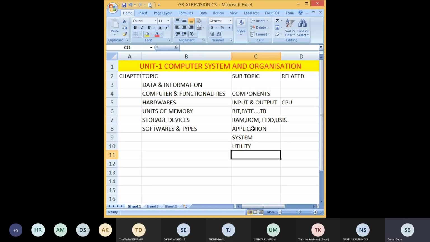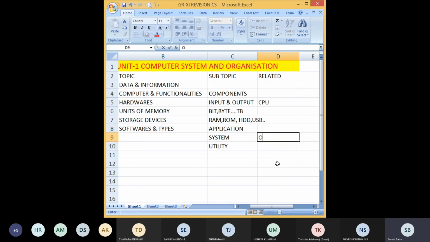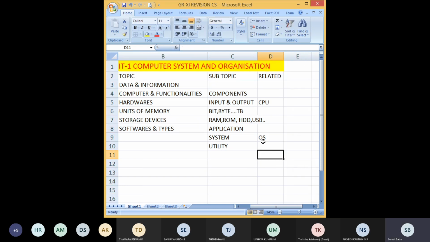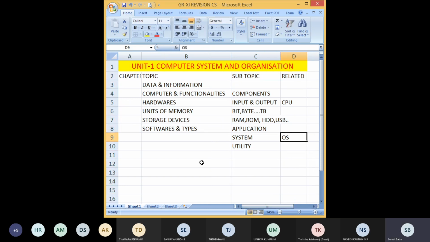You should know these with examples. What is an example of application software? What is an example of system software? What is utility software? Under system software, you should know about the operating system, that is OS.